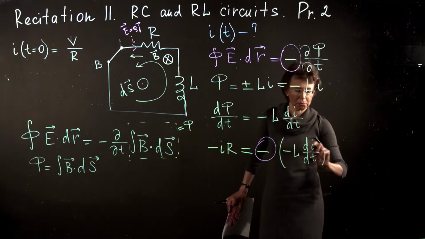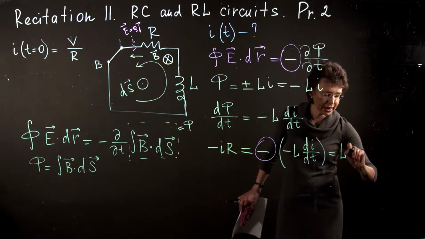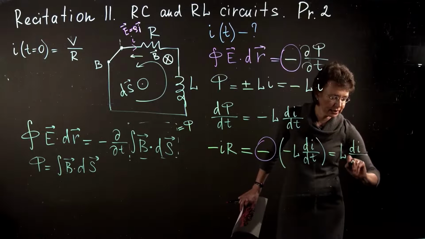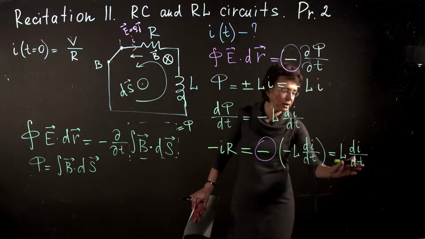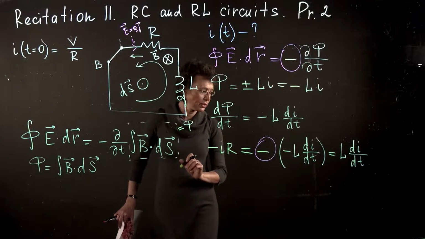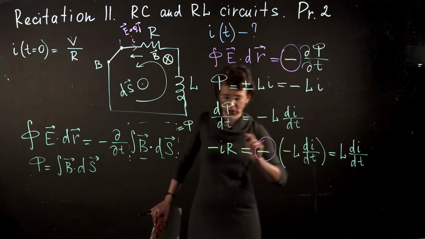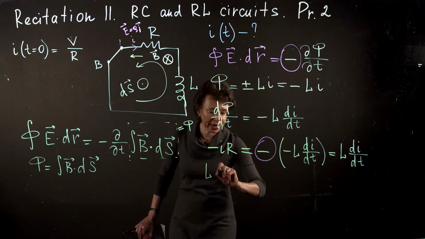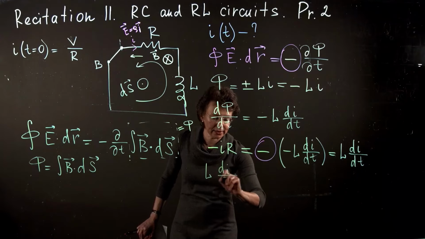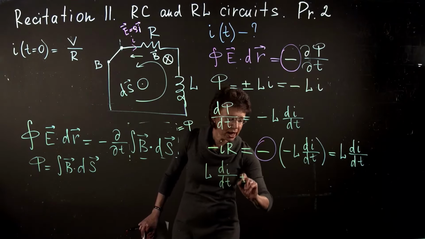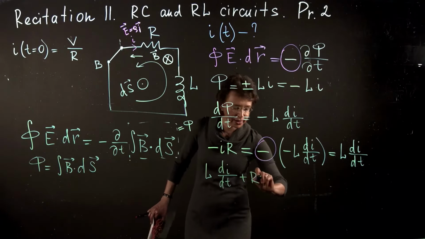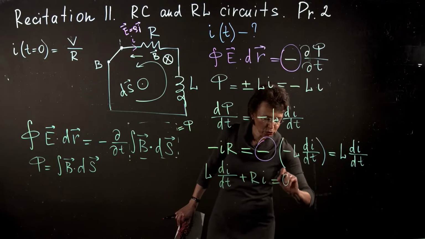Minus minus plus, I have here L di dt. And now let me bring this guy to the other side of the equation and see what happens. So I have L di dt plus Ri, and this is equal to 0.